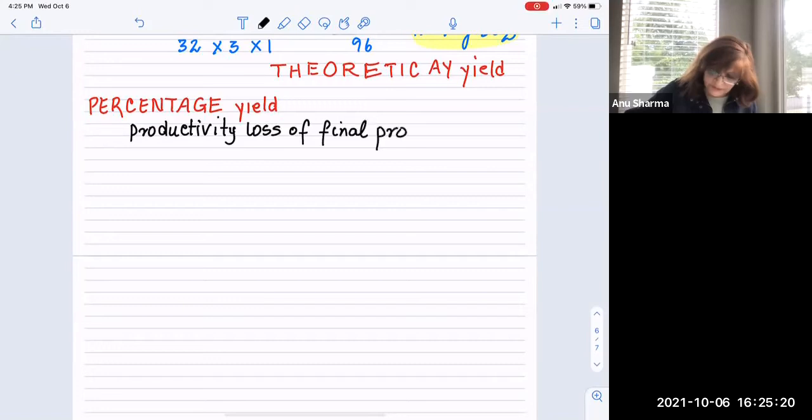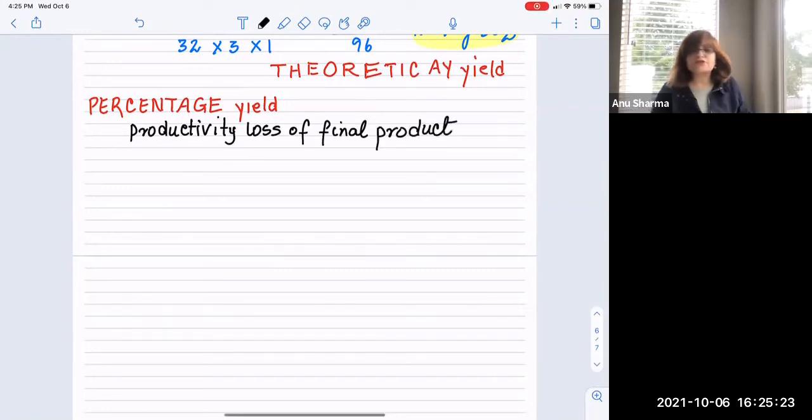The final product is what we need, but the final product is always going to be less.